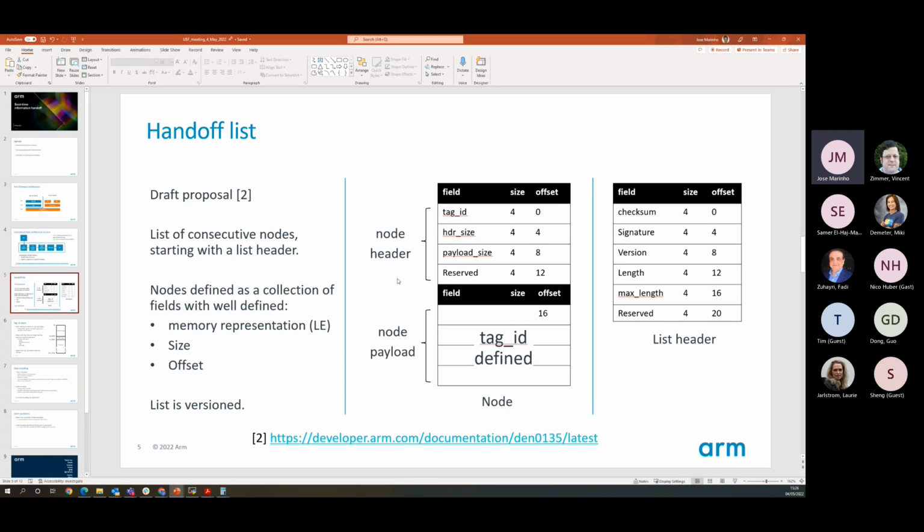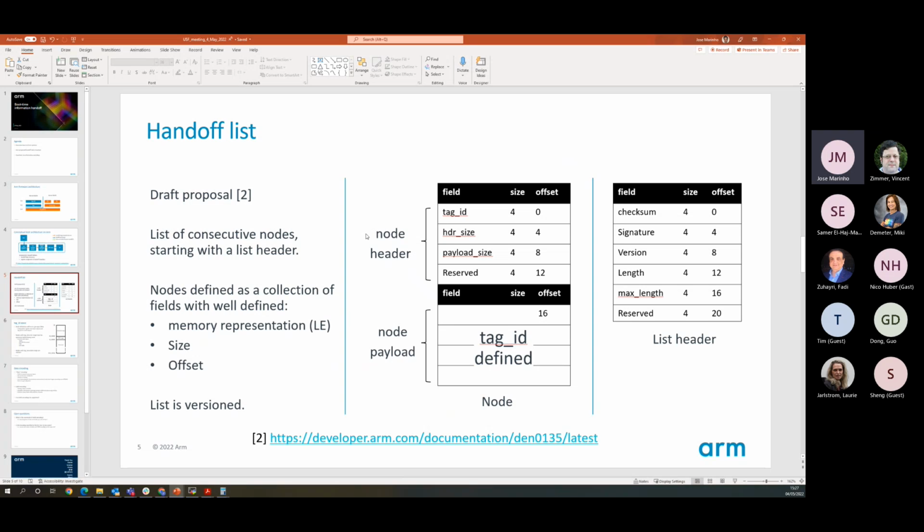So we were asked to come up with a solution where the nodes are identified by a tag ID, and that allows larger than 64K payloads.